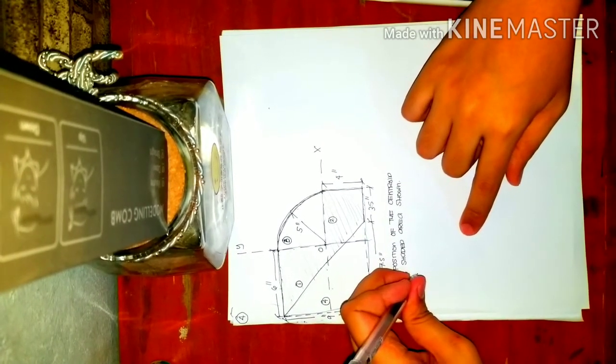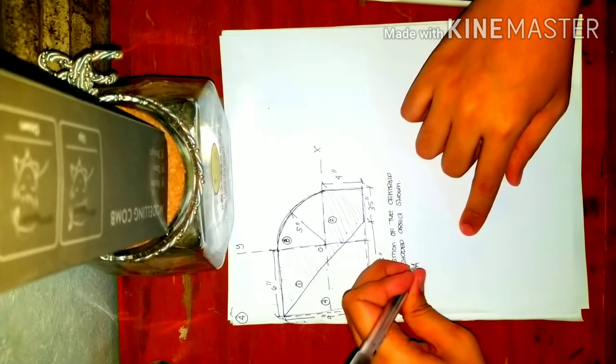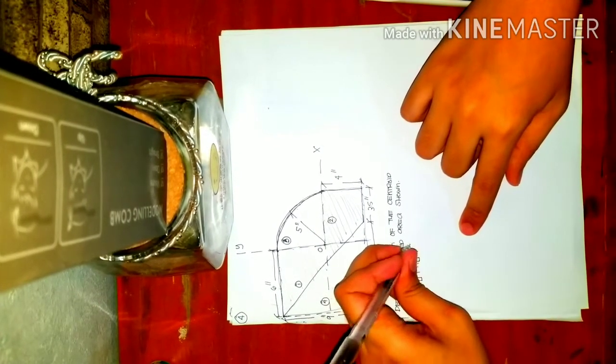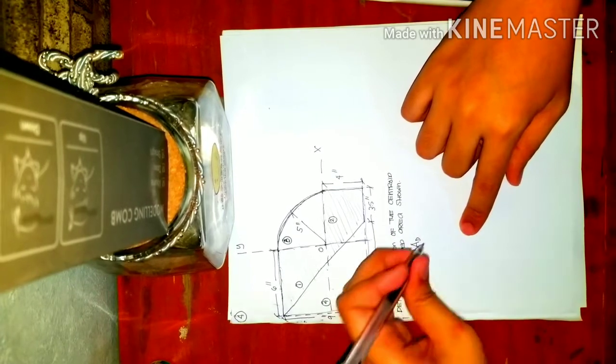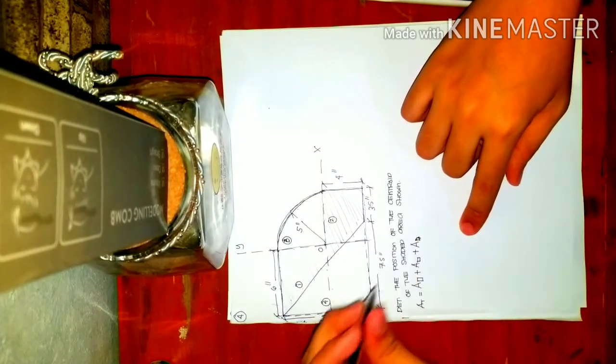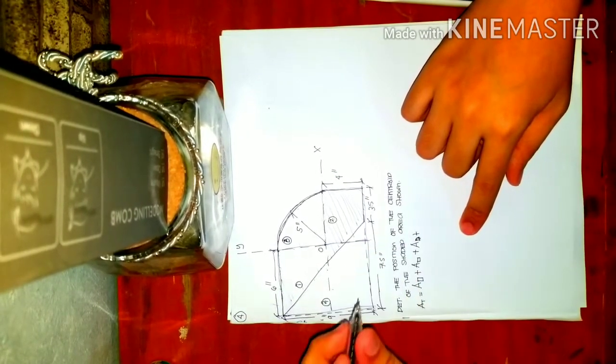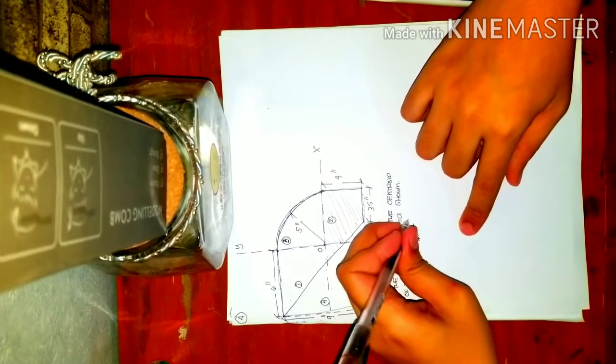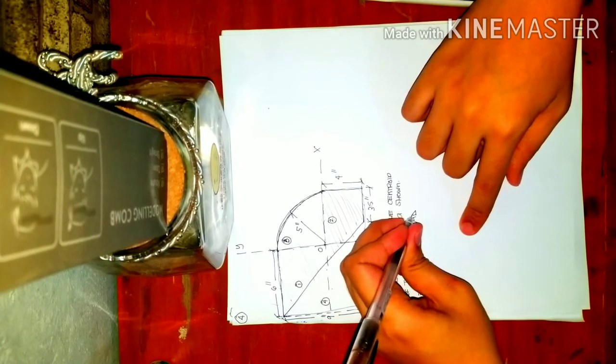Area ng rectangle plus area ng small rectangle plus area ng quarter circle, and then minus area of the triangle.